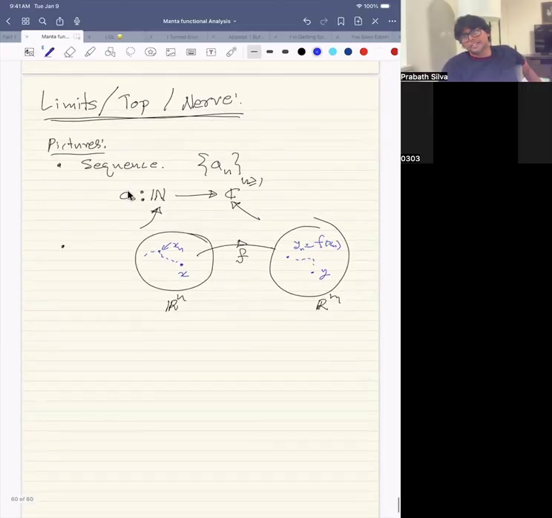So we talk about the limit as n goes to infinity of f of xn is y.